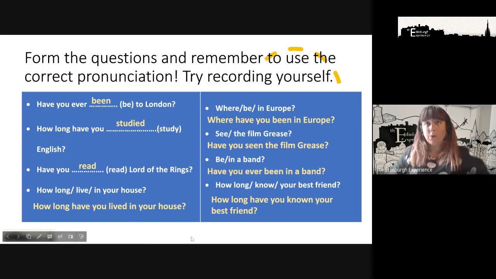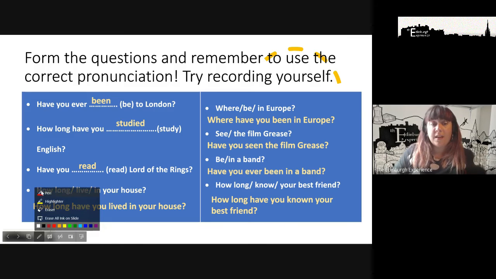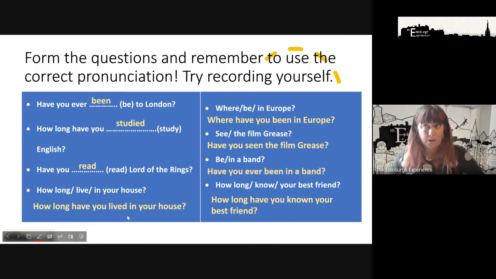Okay. Now, if we say these words quickly, remember that we're going to think here about the content words, right? The words which are emphasized and carry meaning. They're the words which I'm going to emphasize when I speak. And the ones that are important here will be words like ever, been, or London. Okay, they're the ones that communicate meaning. My other words aren't so important.